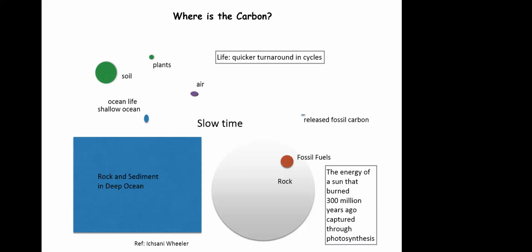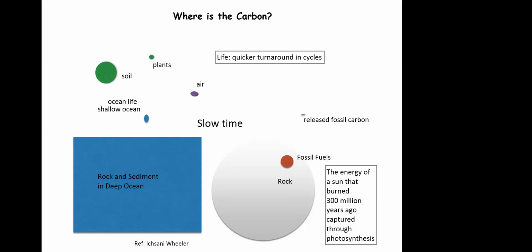They're embedded in the rock, and that is actually the energy of a sun that burned 300 million years ago and was captured through photosynthesis. So it's always worth bearing that in mind, that this is what fossil fuels are. They are the product of photosynthesis. Then at the top you have the carbon that is part of the exchange of gases and materials, all brought about by life.